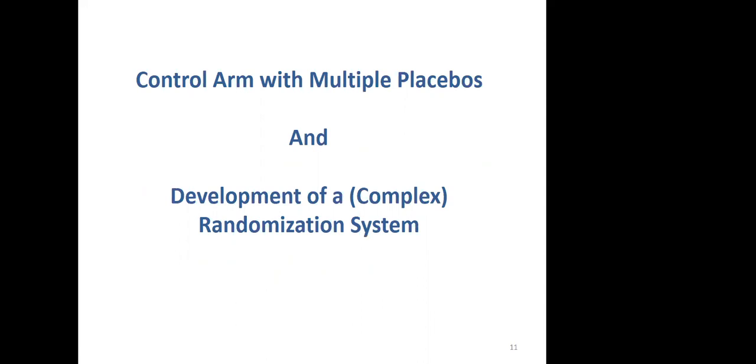Some are more standard pills. So you can think about having multiple placebos in terms of trying to construct a placebo control group. So I'm going to talk a little bit about that. And there's actually a very complicated randomization system which facilitates this. So I'm going to illustrate some of the complexities of actually doing a platform trial in this setting.